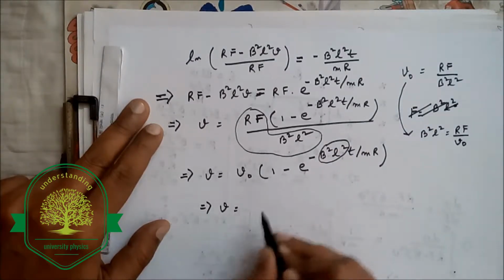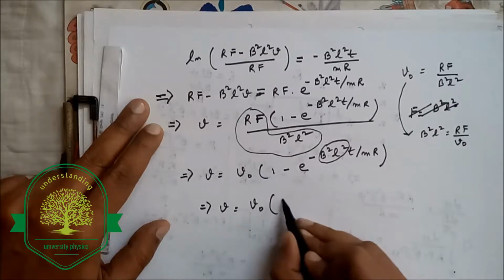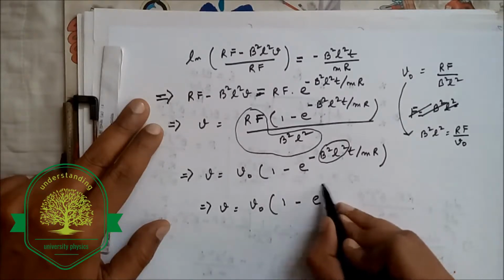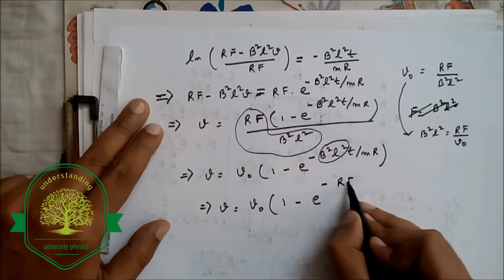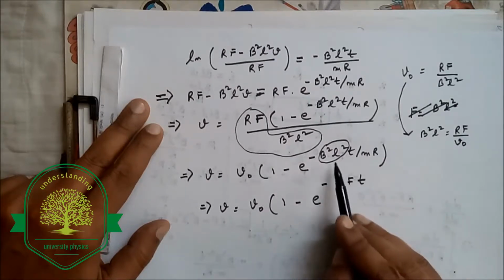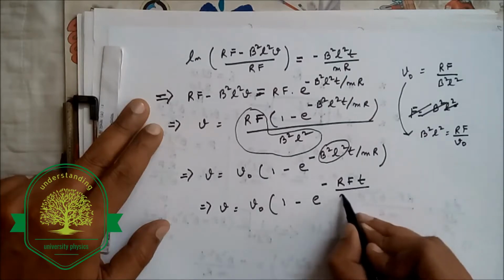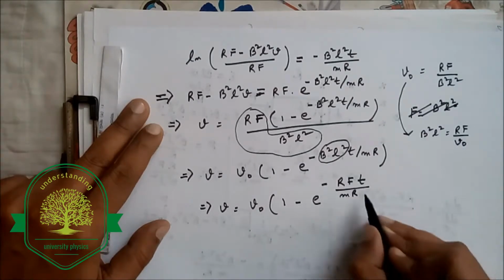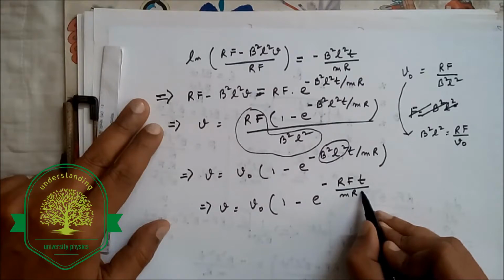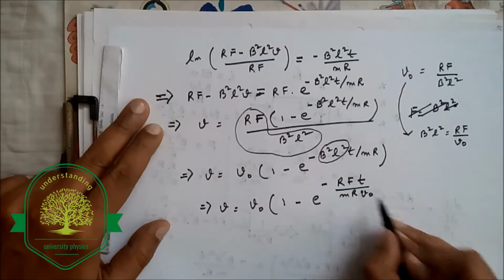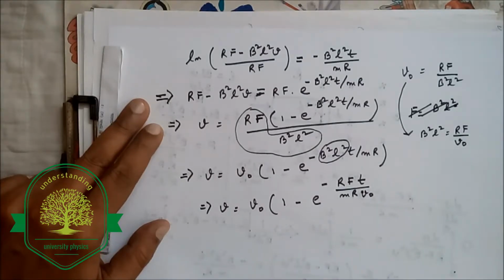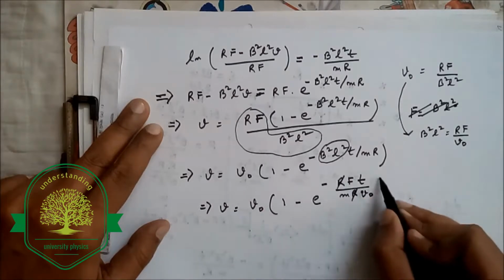So I get V equals V naught times 1 minus e to the power of minus Rf T, with B square L square replaced by Rf by V naught, divided by mr. So some terms will cancel out, the R terms will definitely cancel out.